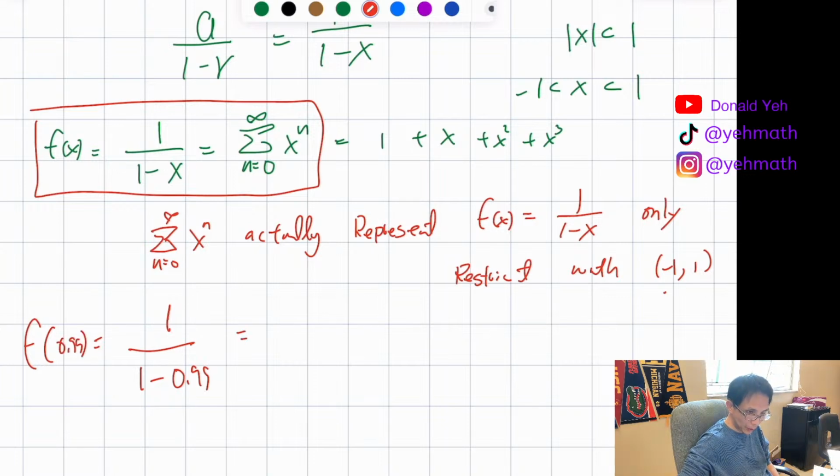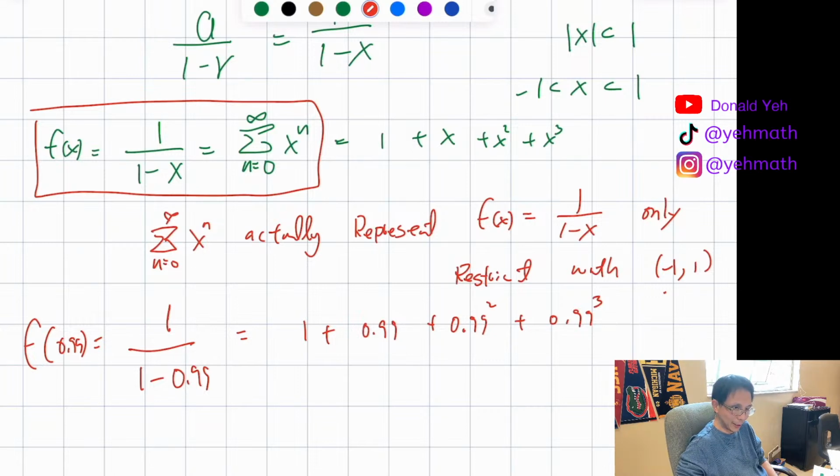That's also equal to 1 plus 0.99 plus 0.99 squared plus 0.99 to the third.